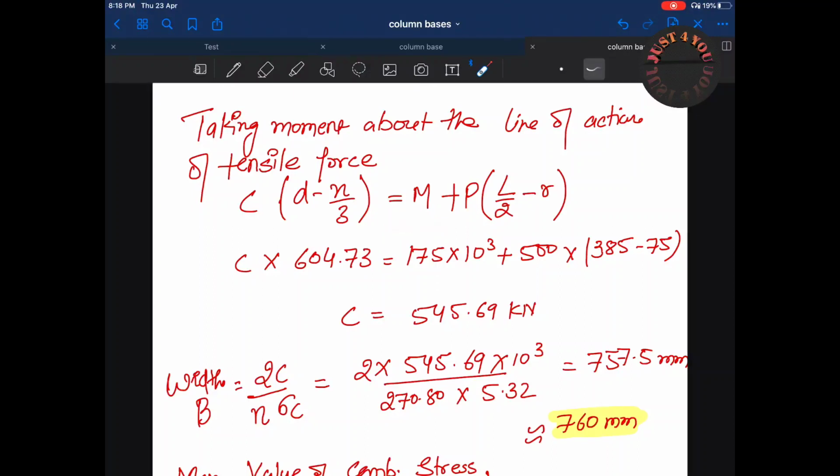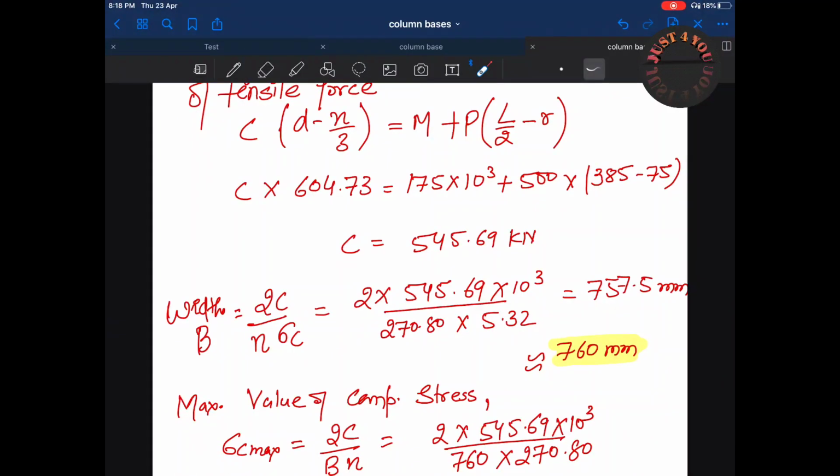Putting the values, we get C into the lever arm 604.73 equals the wind moment minus P, that is the load, into L by 2, the minimum length 770 mm by 2, which is 385, minus r, the edge distance, that is 75. So the compressive force becomes 545.69 kN.